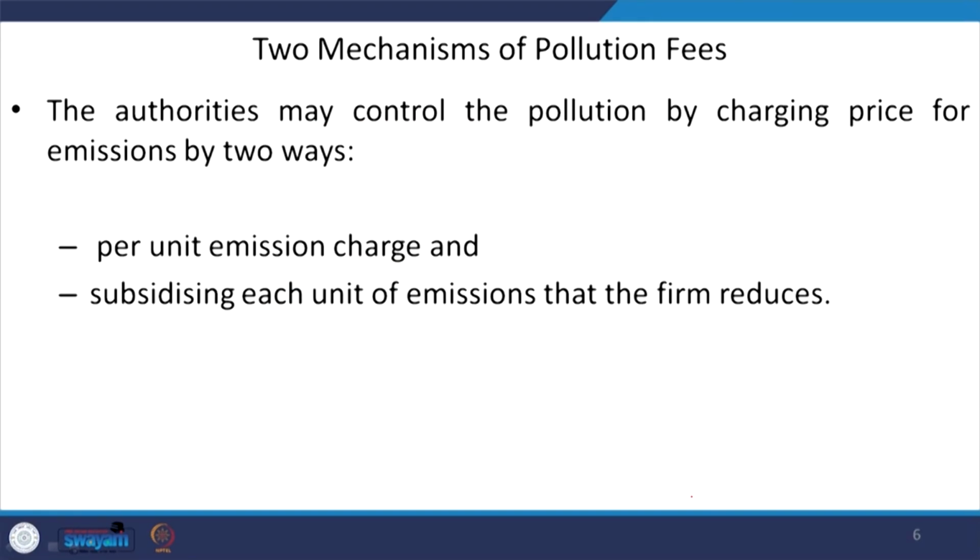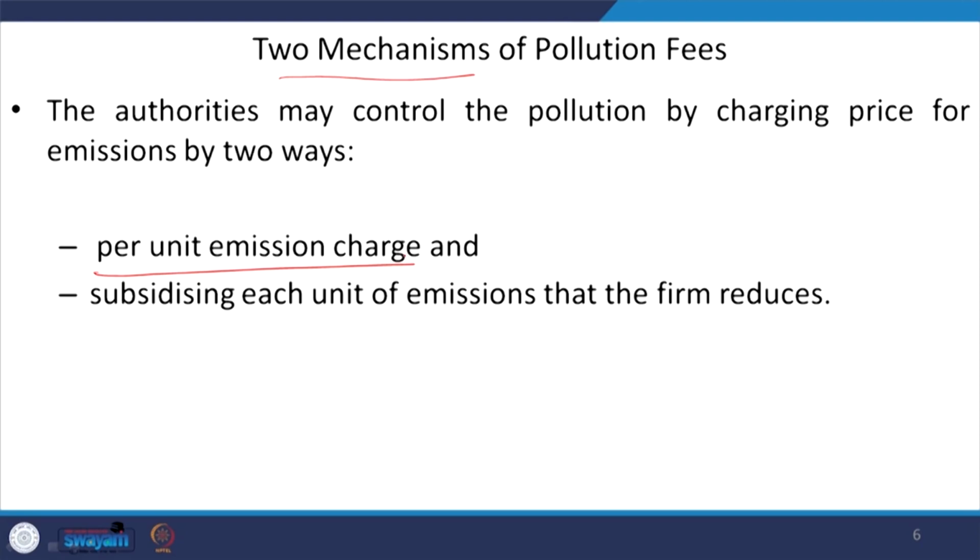So, in this context of pollution fees, we will be discussing two mechanisms, and here the regulator can implement this pollution fee in two ways. The first one is a per unit emission charge on each unit of pollution generated, which must be charged, that must be taxed.